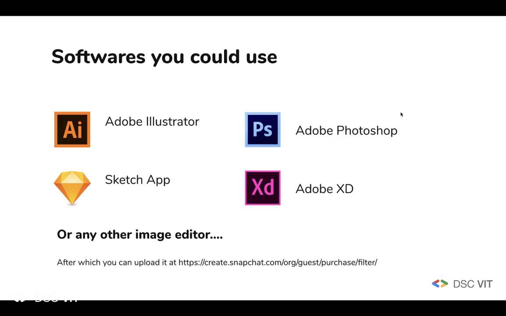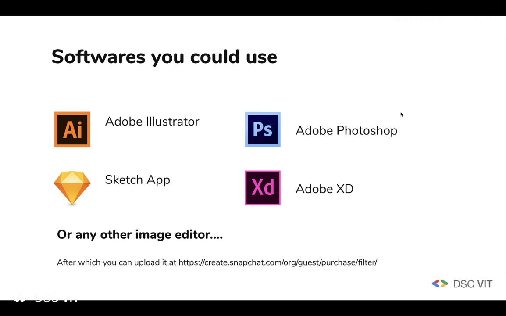So we'll go over the first method. There are a lot of softwares you can use. You can use Adobe Illustrator, Photoshop, Sketch, or Adobe XD. But the first three are paid. Adobe Illustrator and Photoshop both come in an Adobe package, which is pretty expensive. And why would you want to pay to just make a filter?